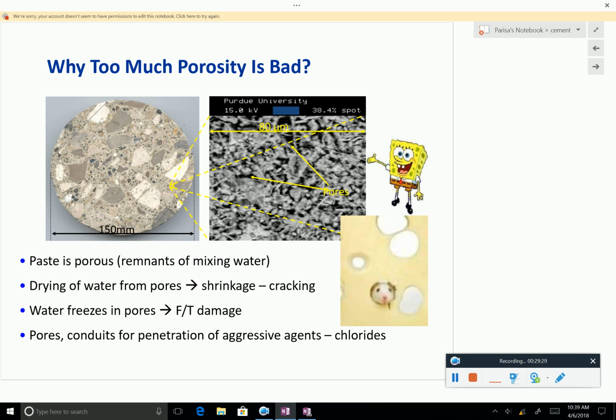So if the water freezes, we talked about it, they also bring aggressive agents. That's a fancy name to say that they let in salt. Chloride is in salt, and this creates, for example, corrosion.